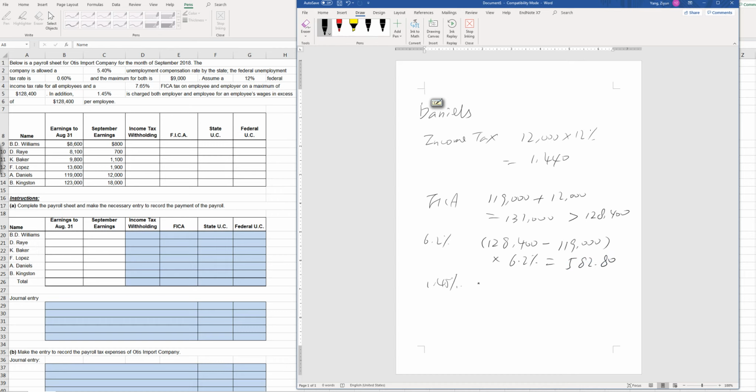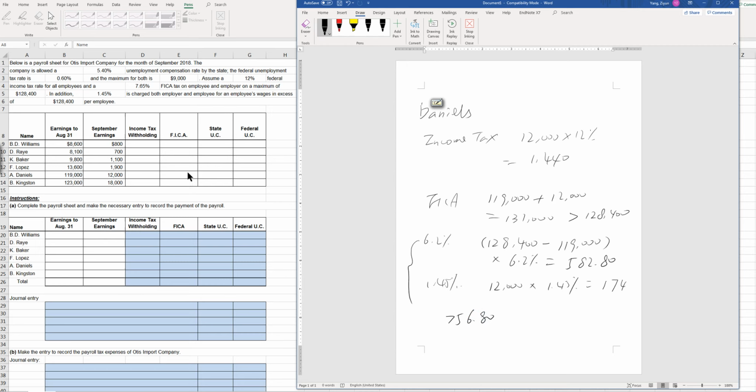Then we calculate the Medicare. Because there's no cap, we can apply the rate on Daniels' September compensation. If we add them together, Daniels' FICA or Social Security tax for September is going to be $756.80.